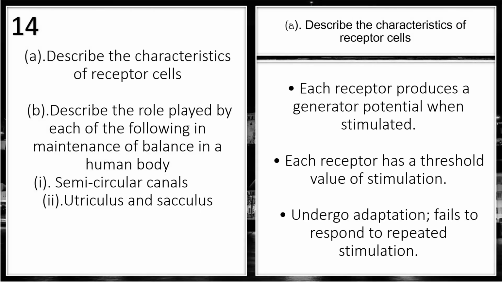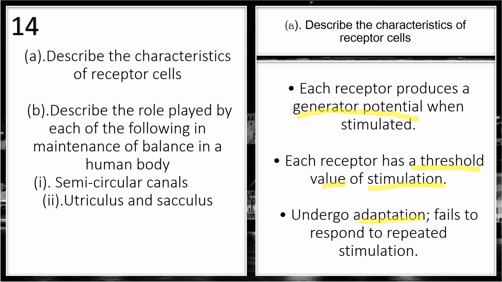Each receptor produces a generator potential when stimulated. Each receptor has a threshold value of stimulation.